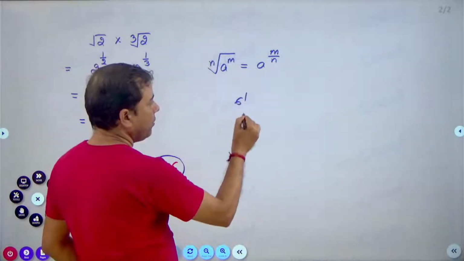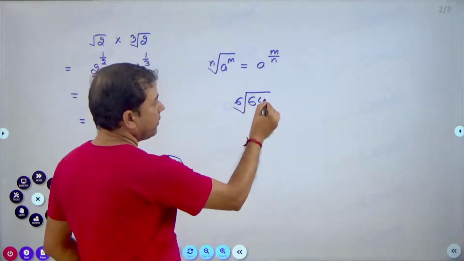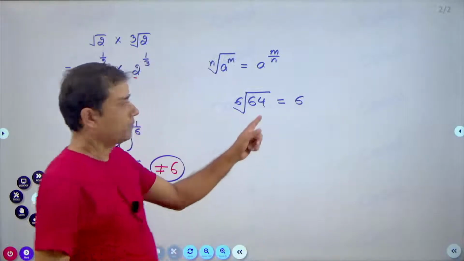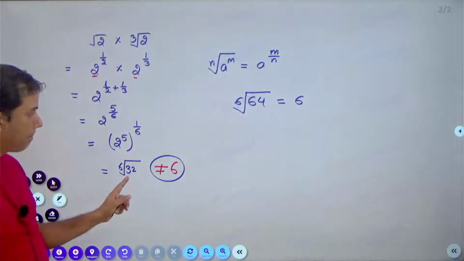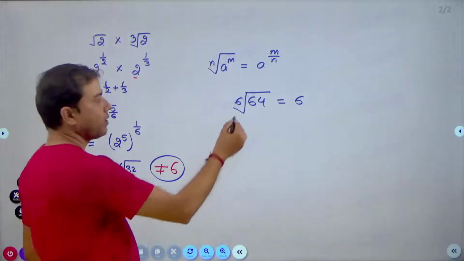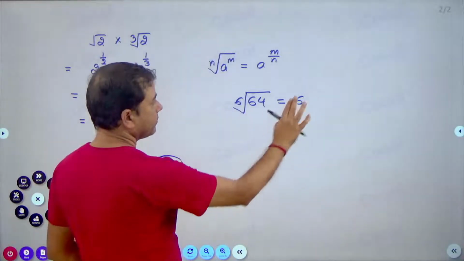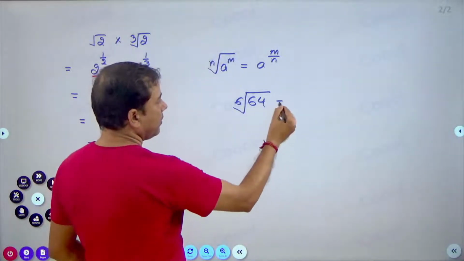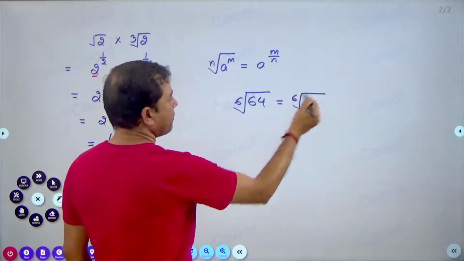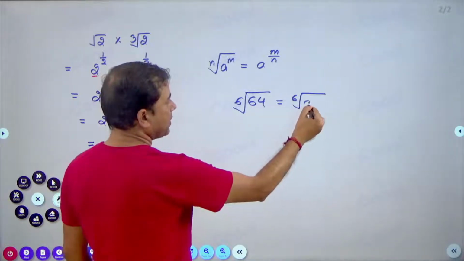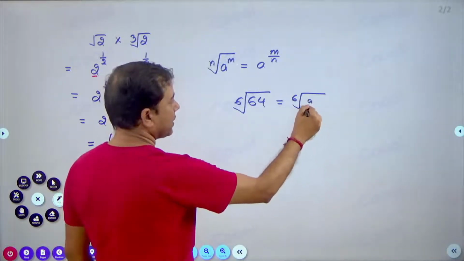Sixth root of 64 will be equal to 6, not 32. Why so? The reason is very simple. Sixth root of 64. 64 means 2 raised to the power 6. Is that right?